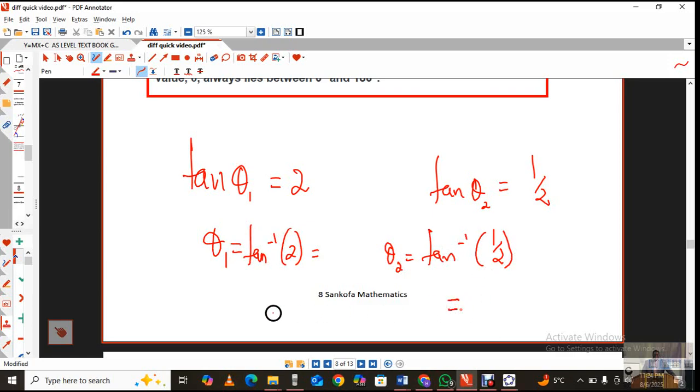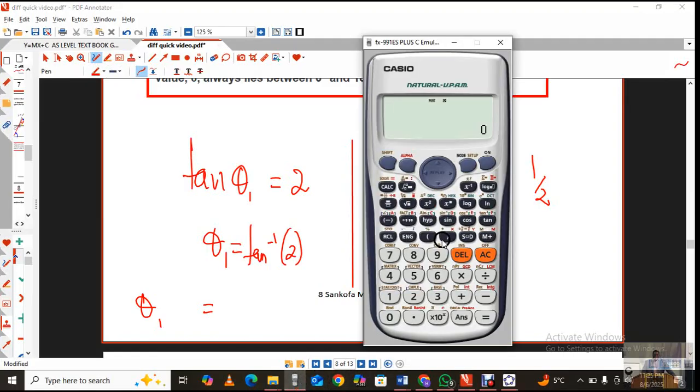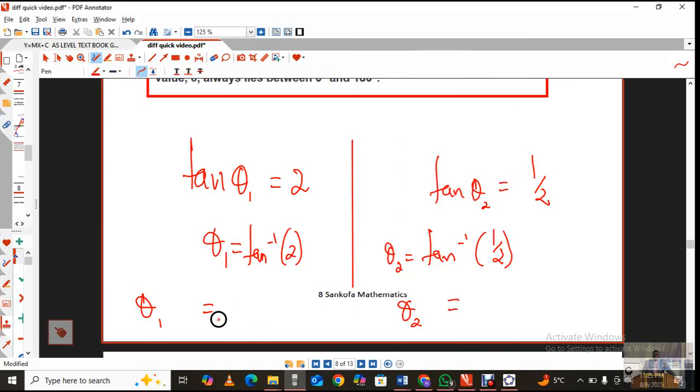And we are going to compare our results. So let's bring our calculator back. We have got the inverse tangent of 2. Make sure your calculator is in degrees mode. Well, that gives you 63.43 and so on degrees.